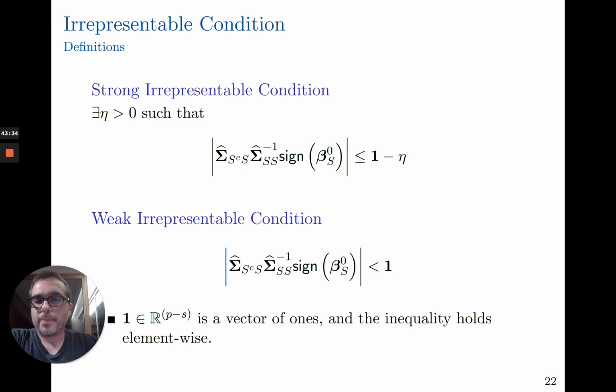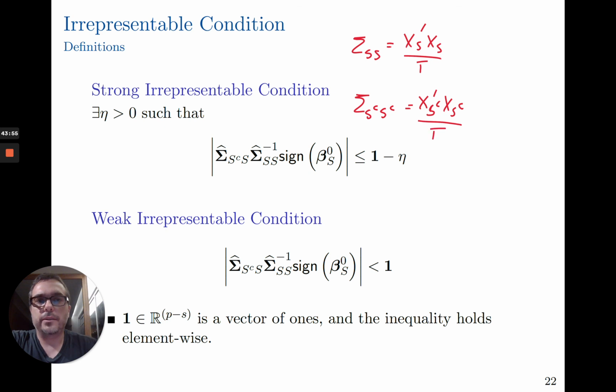So what's sigma SS? It is Xs prime Xs divided by T. Okay, sigma SC is the same thing for SC divided by T, and of course sigma CS is Xc prime Xs divided by T.